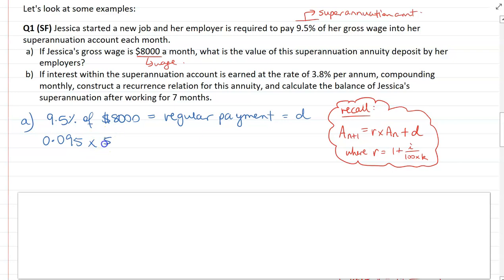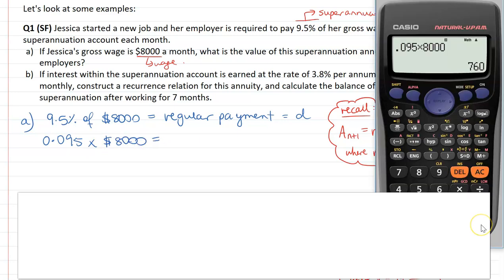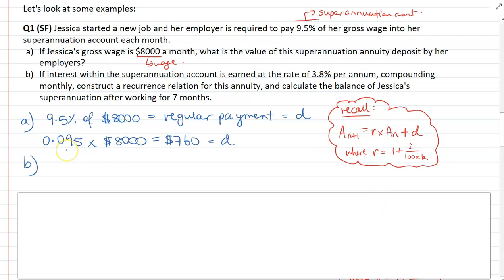Of means multiply in maths, and 8,000. That means the employers are making regular payments of $760 into her account. Setting up the recursion relation, I know that my A0 is going to be $0 because she's starting with a balance of 0.